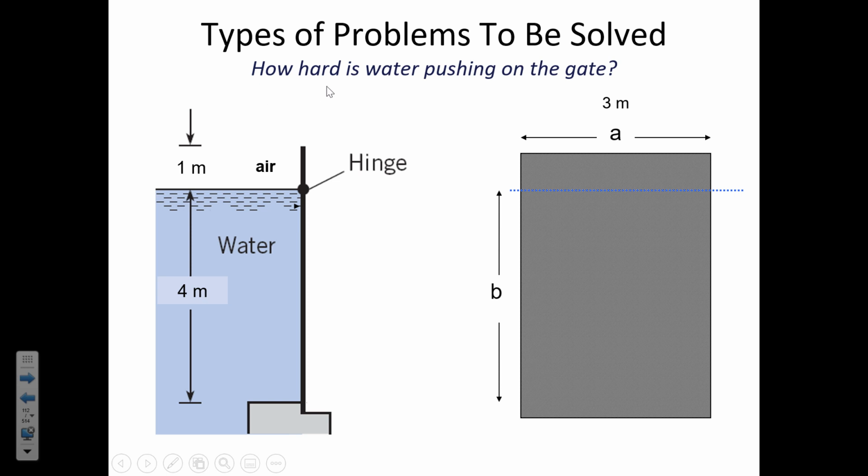So how hard is the water pushing on the gate? That's a non-technical way to ask it. Maybe more precisely, what we need to determine is the magnitude of the equivalent hydrostatic force. Because what's really happening here is that there's pressure acting on the gate, and pressure over an area is a force.